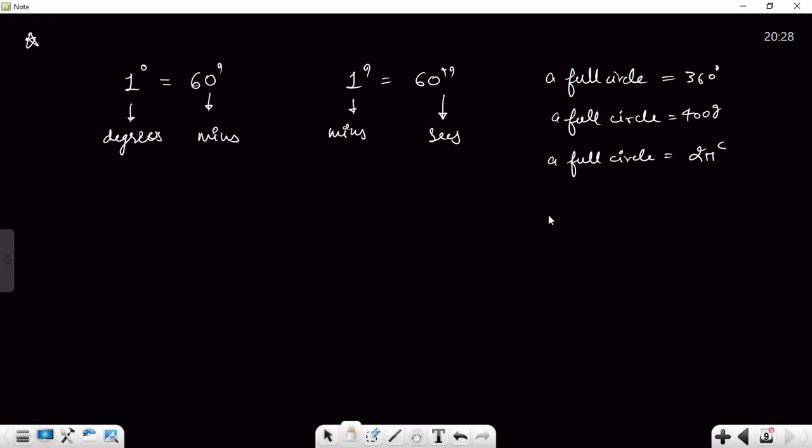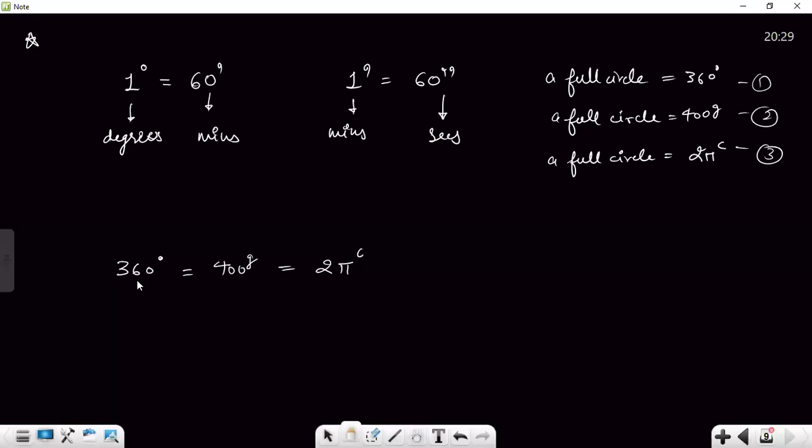Okay, if that is so, let's establish some relationships between radian, degree, and grade. Here we can see in all of the 3 results that we have drawn, observation number 1, observation number 2, observation number 3, the left hand side is equal. So the right hand side should also be equal. 360 degrees must be equal to 400 grades must be equal to 2 pi radians.